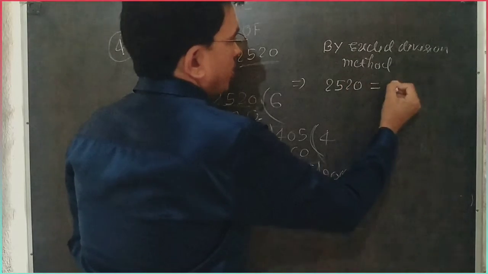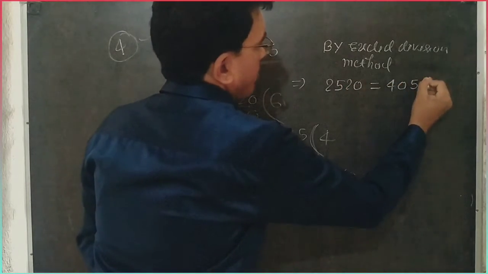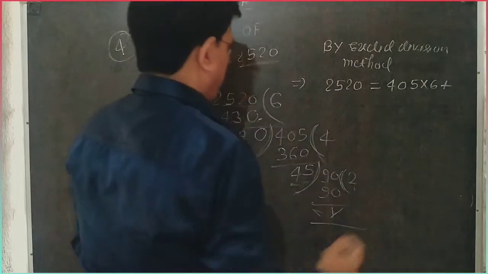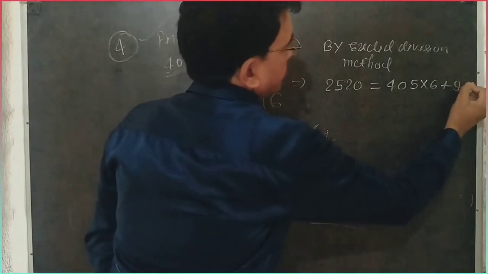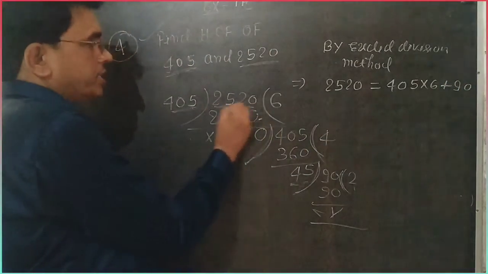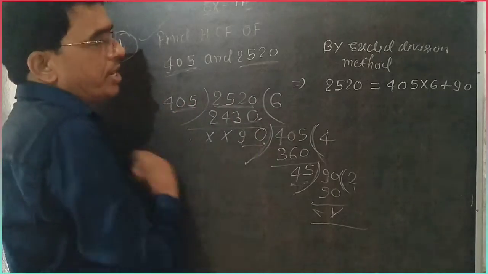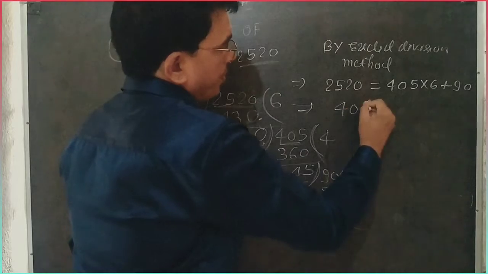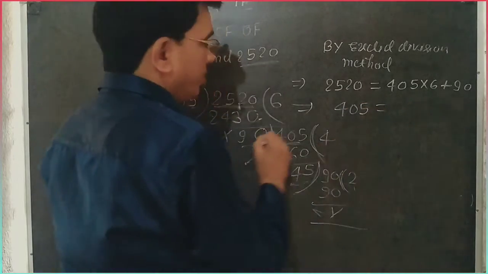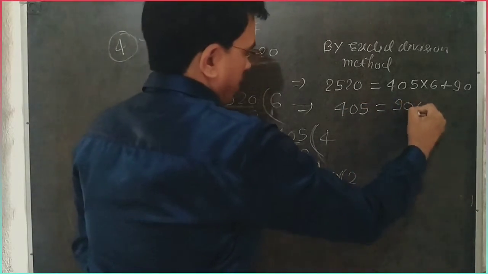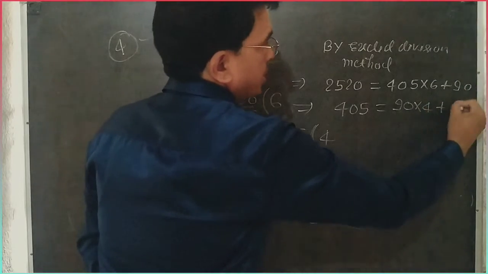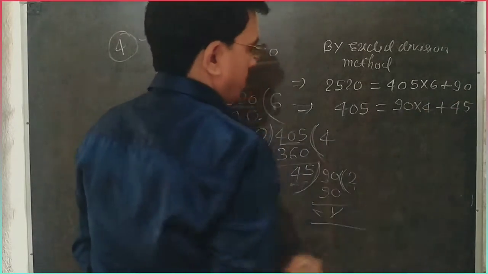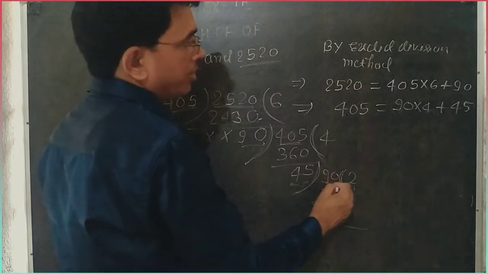2520 is equal to 405 into 6 plus 90. That means dividend is equal to divisor into quotient plus remainder. Next, what is the dividend? 405. 405 is equal to 90 into 4 plus 45. Last, what is the divisor now? 90.